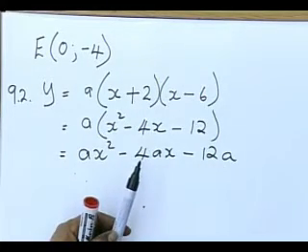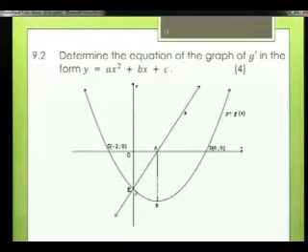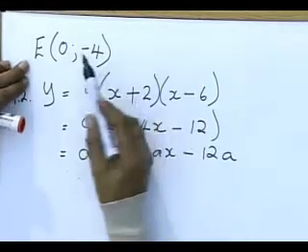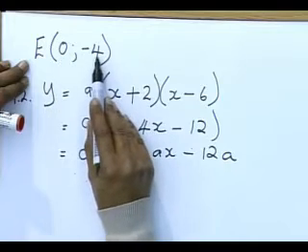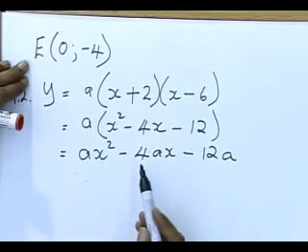The only point I have is point E, which is also on that parabola. If you look back at my calculation on my page, E had the coordinates x is 0, y is minus 4.